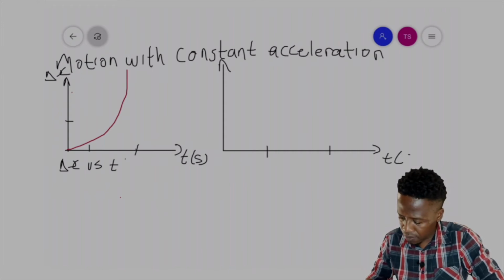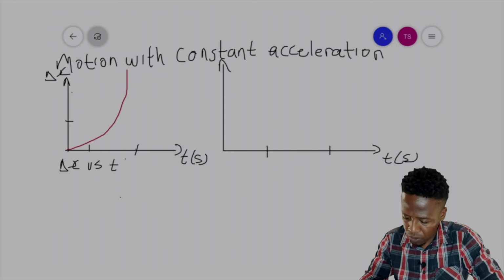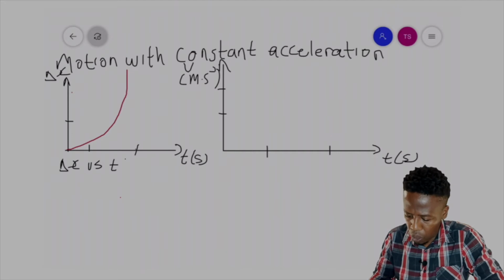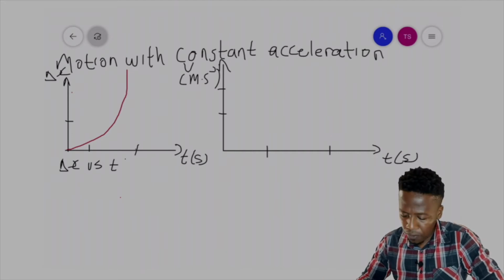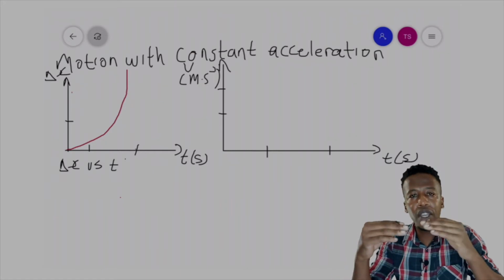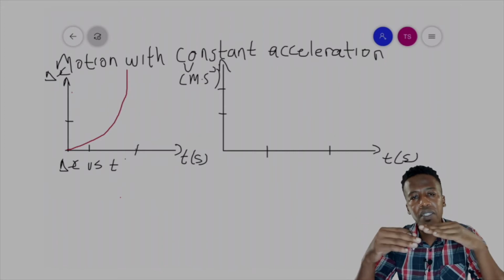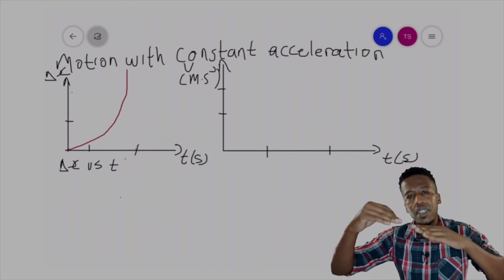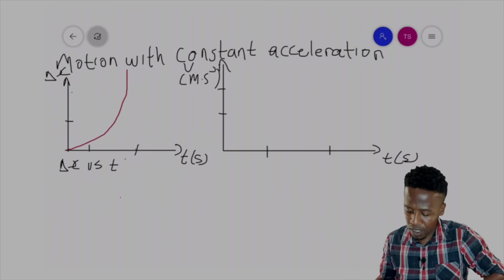Again, it's time in seconds. Here we have velocity in meters per second, right? Now if you are moving at constant acceleration, it means you are constantly increasing your speed, right?